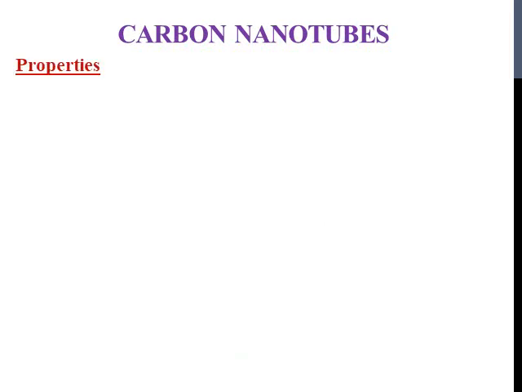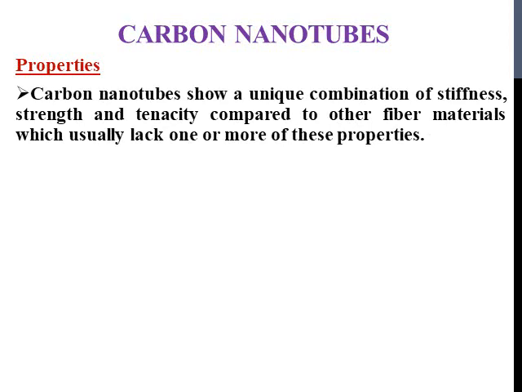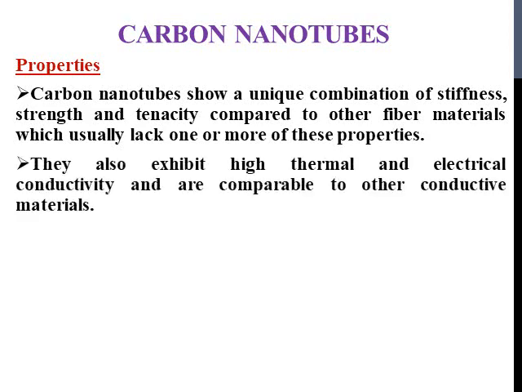Now, what are the properties of carbon nanotubes? The properties of carbon nanotubes show a unique combination of stiffness. Once the hexagonal graphite sheet is rolled into the form of cylinders, the stiffness or the strength, the tenacity, increases as compared with the other fiber materials, which usually lack one or more of these properties.